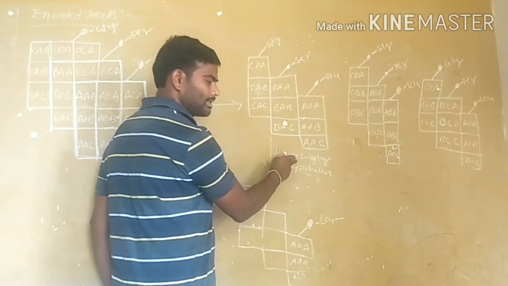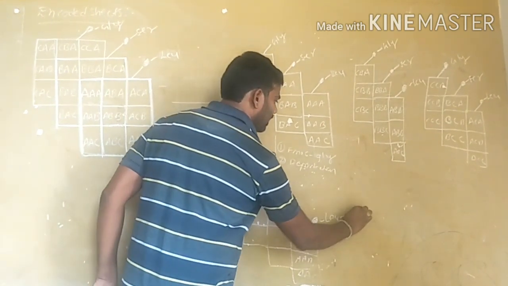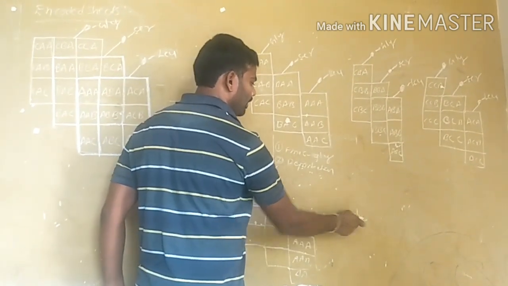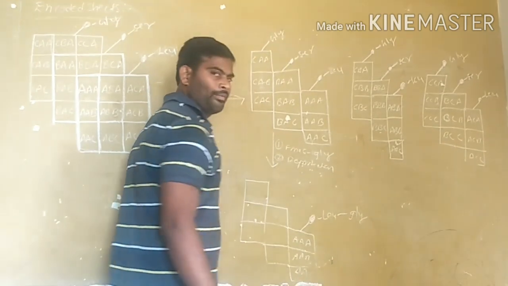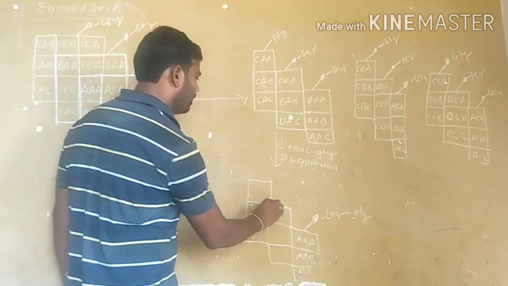Next, we are adding the second amino acid as glycine. After deprotection, we are getting this dipeptide. Leucine glycine dipeptide is formed here.